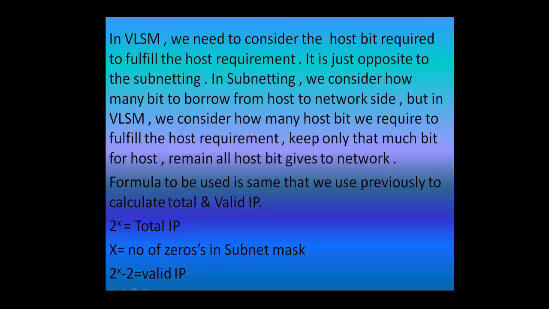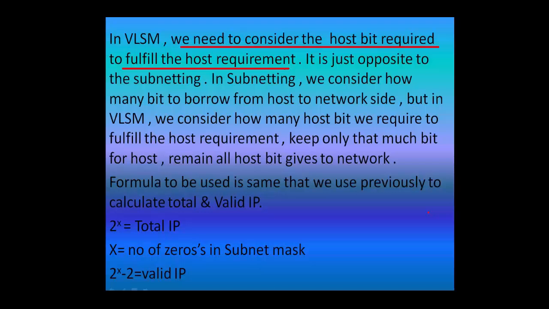Now keep in mind, we are going back to the formula where we calculate hosts: how many total IPs and how many valid IPs, which we discussed earlier. In VLSM we need to consider the host bits required to fulfill the host requirement. In subnetting we consider how many subnets we require, the 2 raised to power y formula.